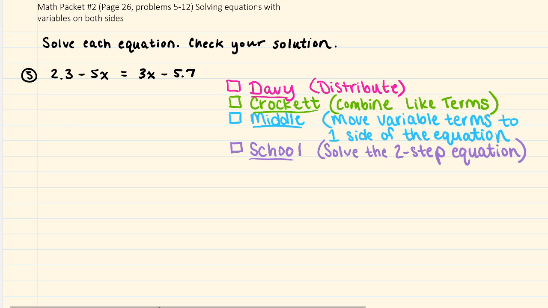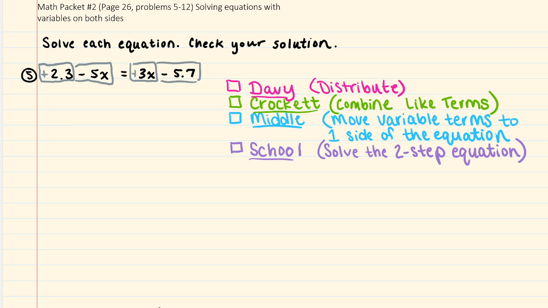So when I look at an equation, I don't look at it like the jumbled mess that it is. I look at it in its terms. So in this equation, we have 4 terms: a positive 2.3, a negative 5x, a positive 3x, and a negative 5.7.